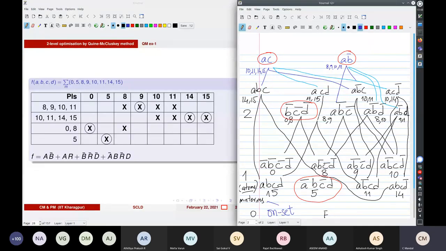Now the question is, which of these should I retain? Do I need to retain this? No, because instead of this, I might as well retain this, because this covers this. Not only does it cover this, it also covers this. That means whenever this is true, this will also be true.